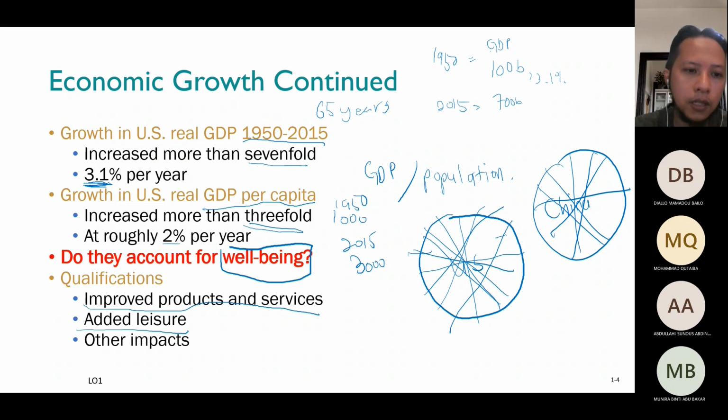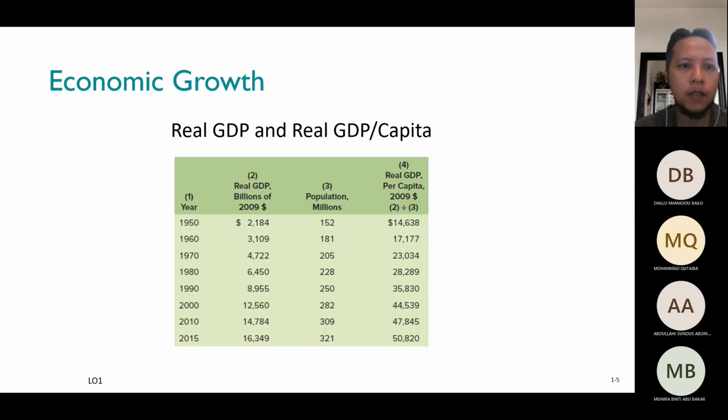Okay, and then there's also other impacts that come with growth, especially related to healthcare, mental health care, and stress, right? So these are also other factors that, although there is growth, are not captured in GDP.